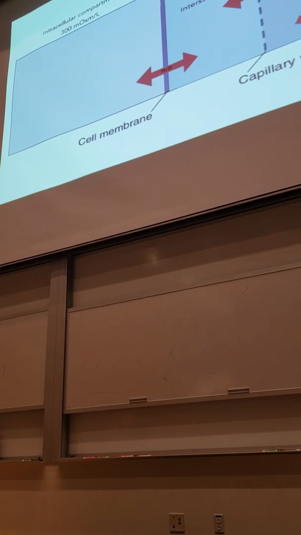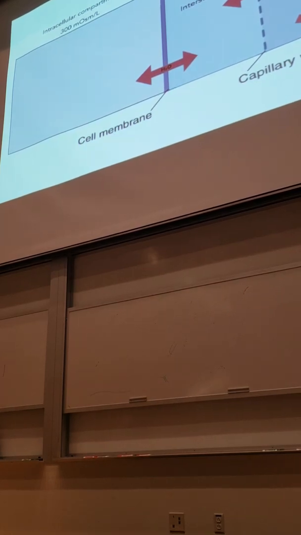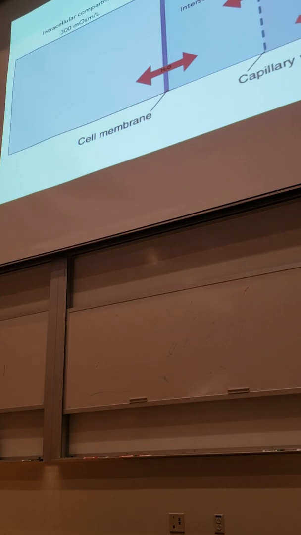Same osmolarity, roughly. But what's in the intracellular compartment? You've got tons of potassium and phosphate and these sorts of things, and very little sodium and chloride. And it's the opposite in the extracellular. But if we just add up particles, they've got about the same osmolarity.